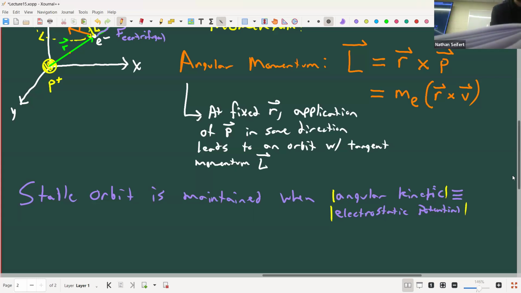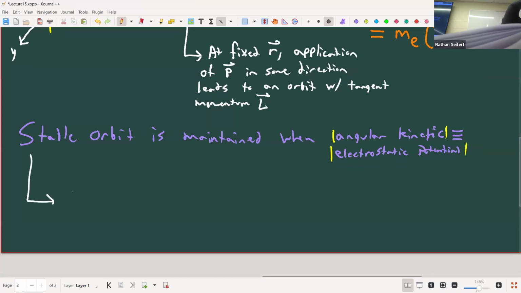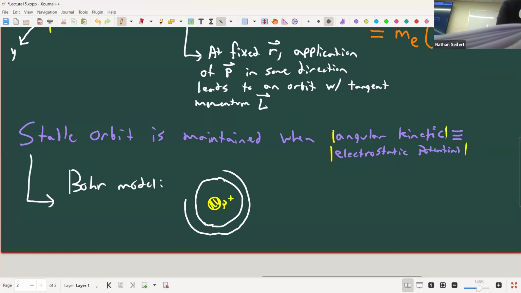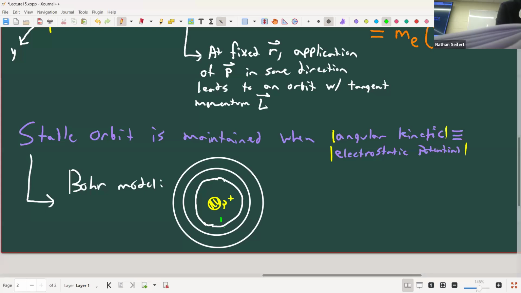The result of this physics leads to what's called the Bohr model, which is that you have a proton in the middle, and the electron, in some sense, has these stable orbits around the proton, which are labeled with numbers. So there's an n equals 1, an n equals 2, an n equals 3 orbit, and so on. I'm sure you've seen these models before.